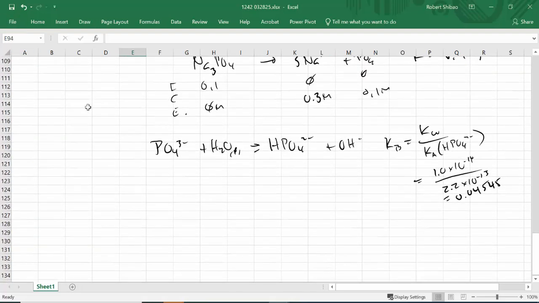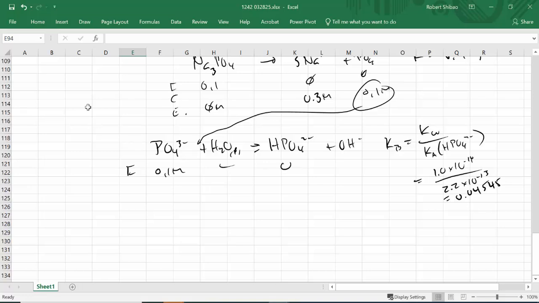I'll round it at the end. And so the initial here, we'll just take this down here. The initial phosphate is going to be 0.1 molar. Water is pure liquid. 0 molar, 0 molar. And assume nothing's ionized. Minus X, plus X, plus X. And so at equilibrium, I'm going to have 0.1 minus X molar, X molar, and X molar here.